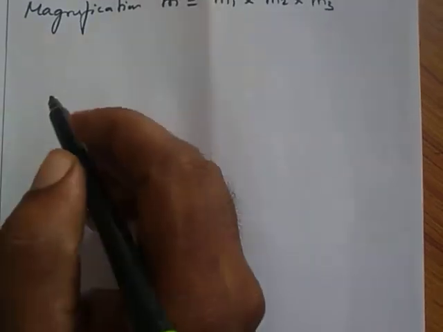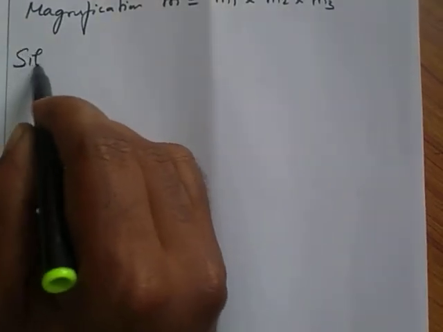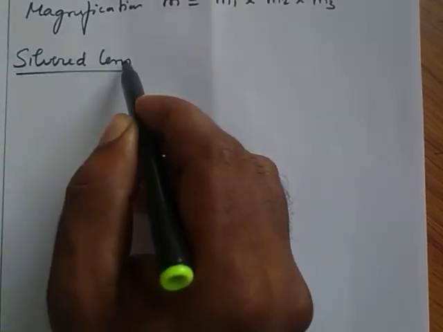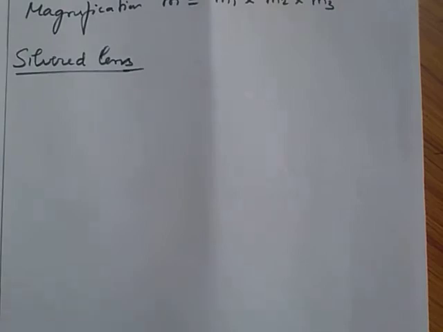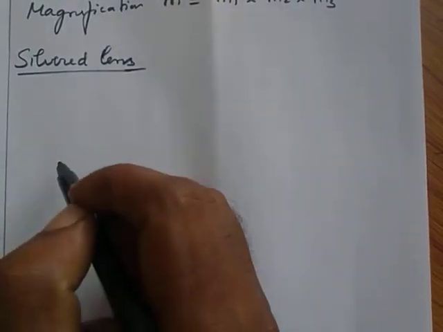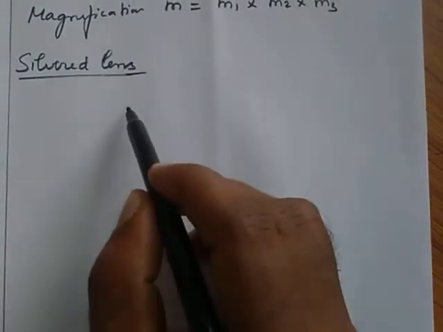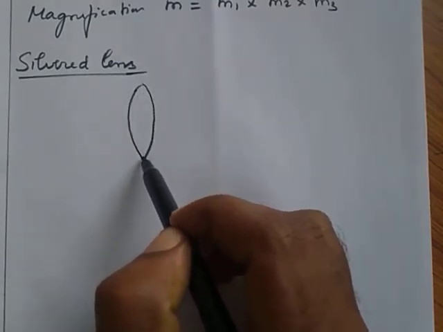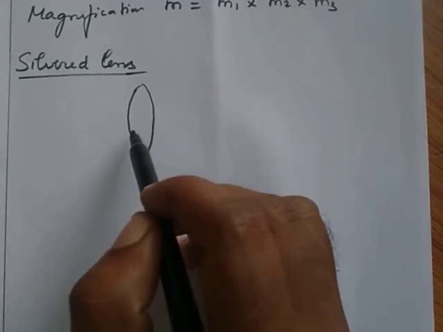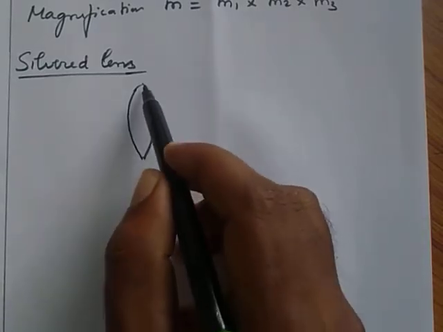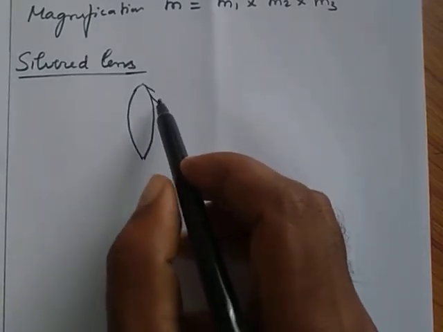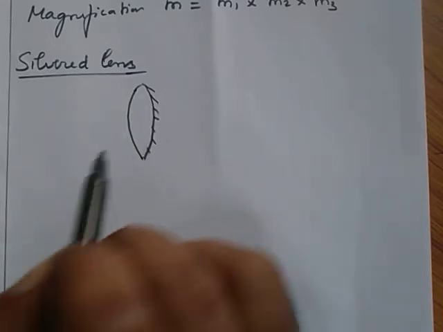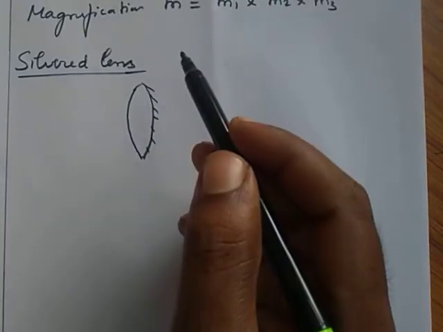Then our next topic is the silvered lens. This is a new topic for this year's students. Suppose I consider a biconvex lens. If one side of the surface of the lens is silver coated, that is silvered from outside, then such a lens is said to be a silvered lens.